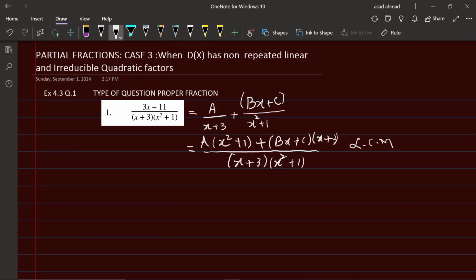The term on the left hand side will be written as it is.